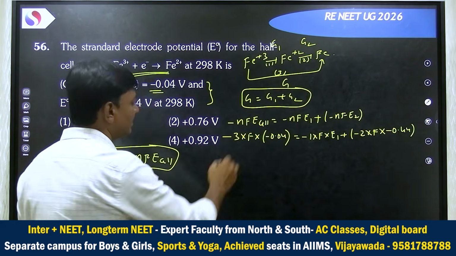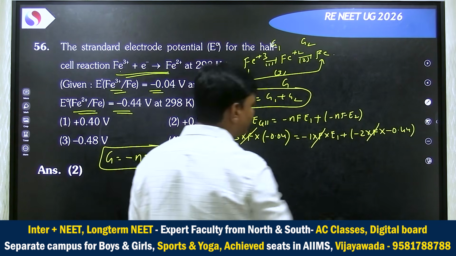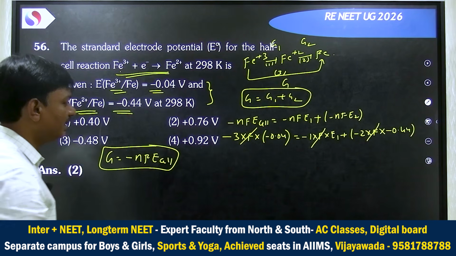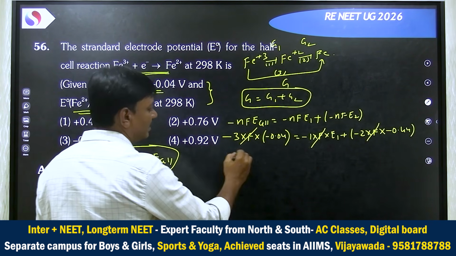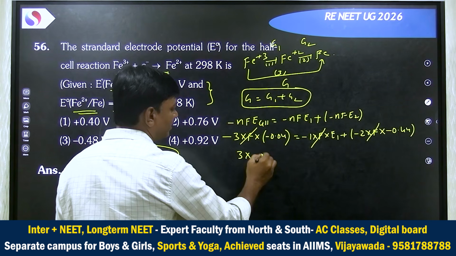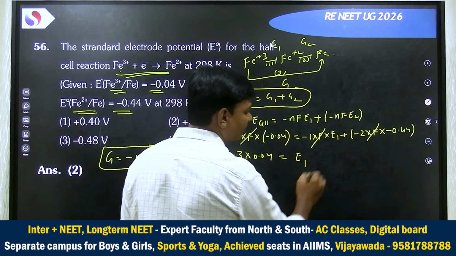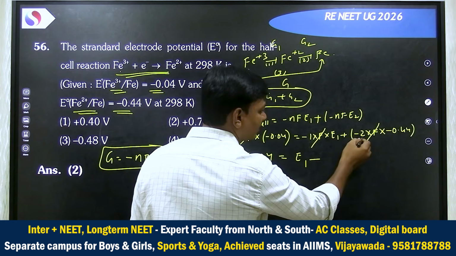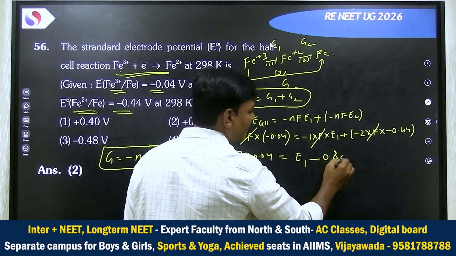Then we have to calculate this value. F will be cancelled on both sides, and we multiply by minus on both sides. So here 3 into 0.04, minus, so here E1 is there, and here minus 2 into 0.44, that's why here 0.88.